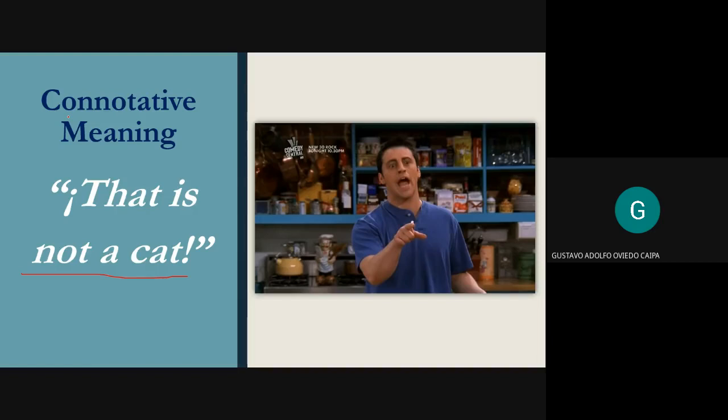His connotation of a cat is totally different from what he sees in the room. So that's why he says that's not a cat, even though it is obviously a cat. But his experiences from the real world reflect that he doesn't feel that that's a cat. It doesn't correspond to the experience he has, maybe since he was a child.